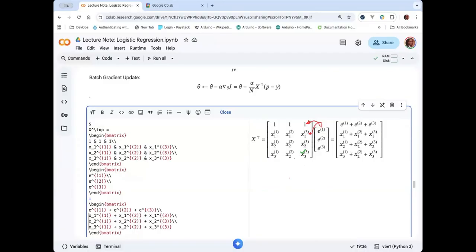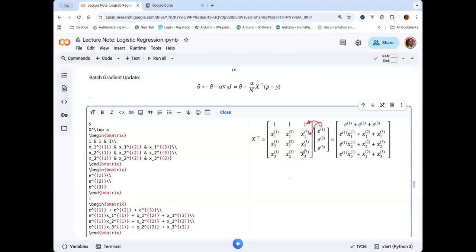Okay, so now it's looking more like it. Now we are going to have each of the E1s here, and then we're going to have each of the E2s, and then each of the E3s.